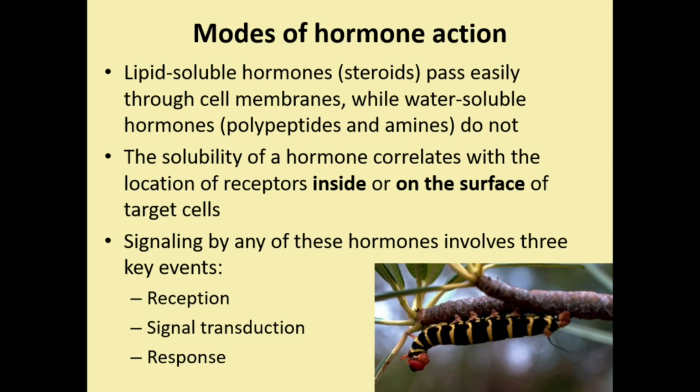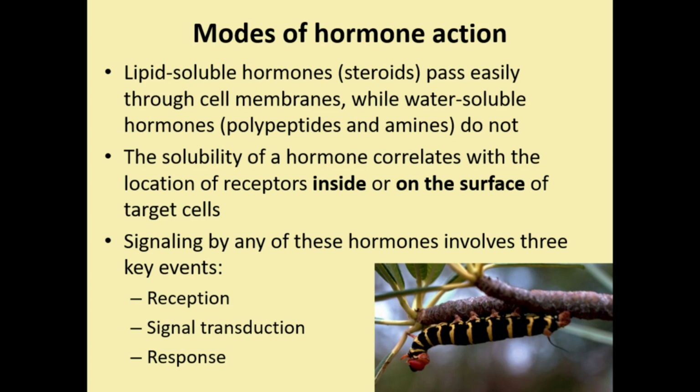And it can often involve multiple steps, but ultimately you will end up with a response. And the response is obviously where we want to get to. So the hormone is received by the receptor protein. This triggers a signal transduction, so this cascade pathway, if you like, and that ultimately ends with a response.